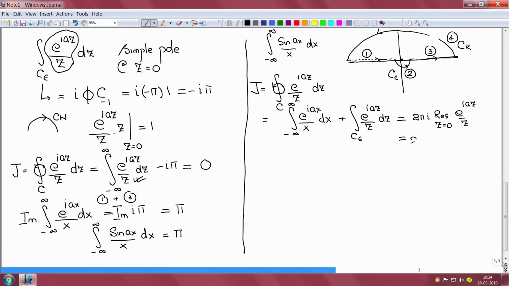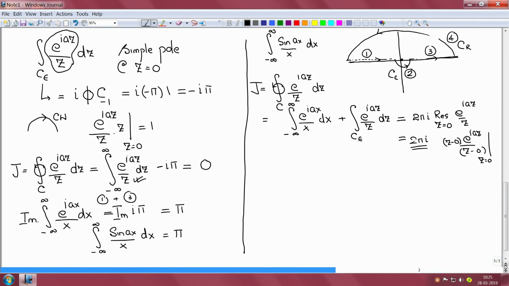So, I will get twice pi i and the residue here is 1. Why? Because e to the power of i a z by, let us say, z minus 0, multiplied by z minus 0 and evaluated at z equal to 0, is equal to 1. So, I get twice pi i.